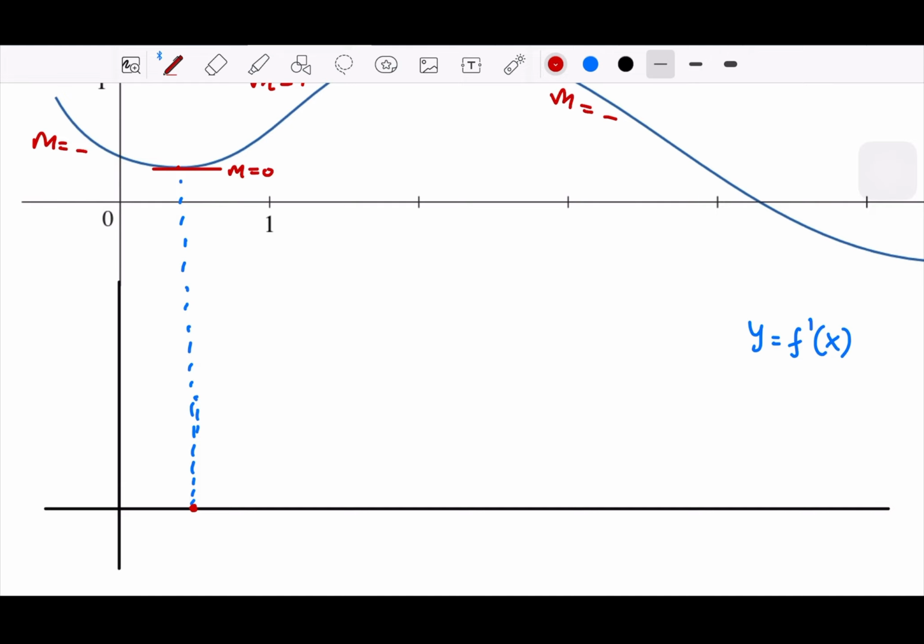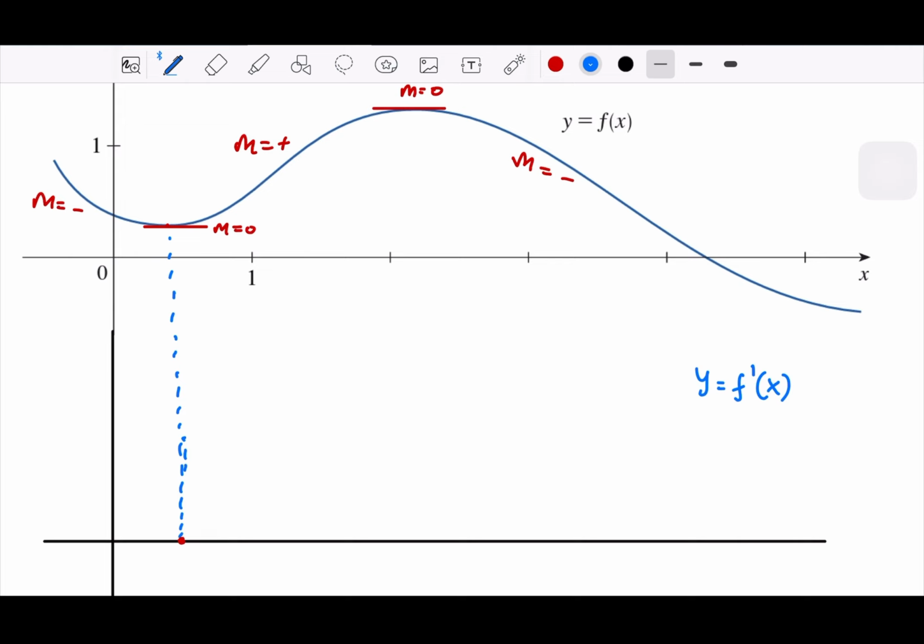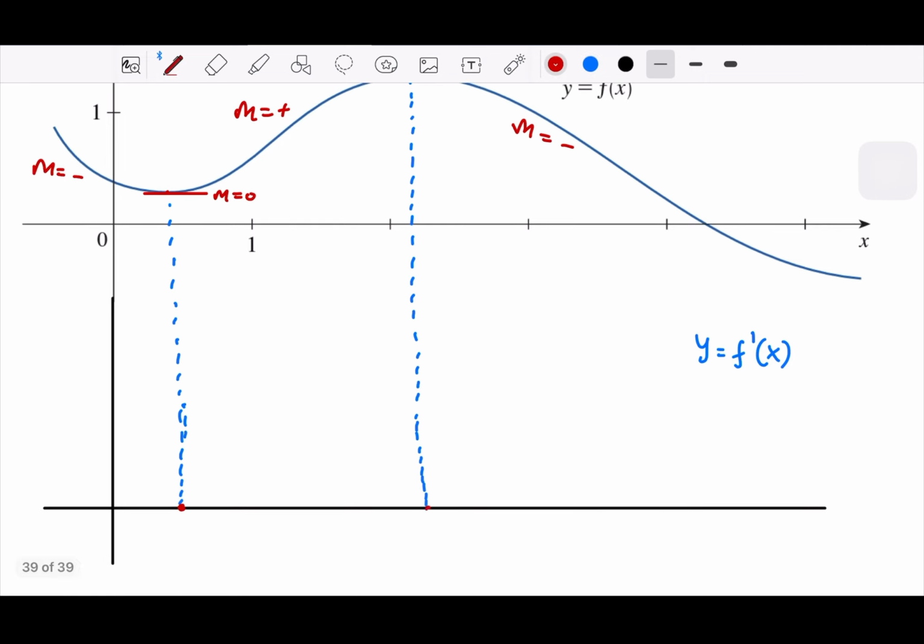Because it's 0. And then another one is around here, right? Let me just take a line and make the connection. Because we are not sure what function this is, this is just a rough sketch, as long as it is consistent with this slope, right? So another one is here. So at least we know these 2 points.